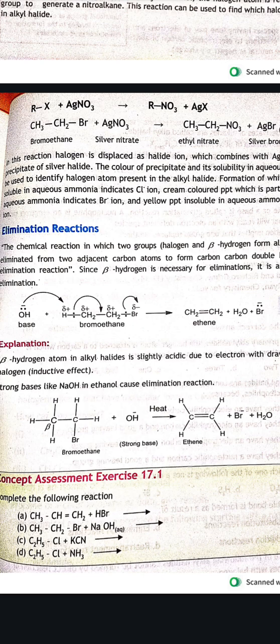Like we have the base hydroxide and bromoethane. The base will take the beta hydrogen of the beta carbon, water will be the product and bromine will also leave. So the major product will be ethene, CH2=CH2.